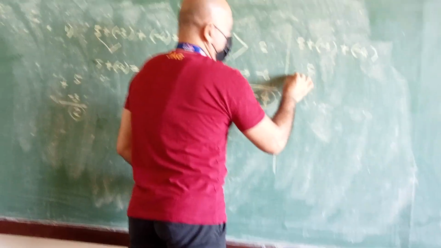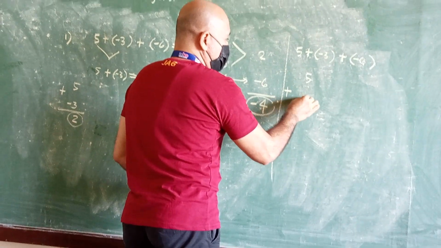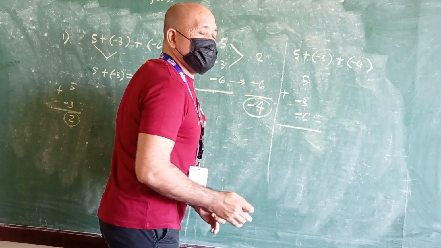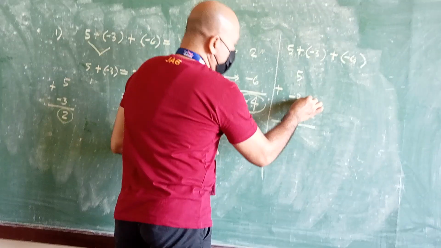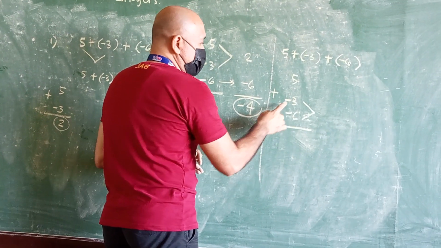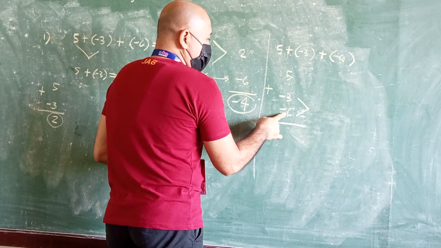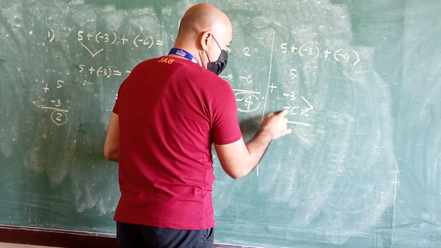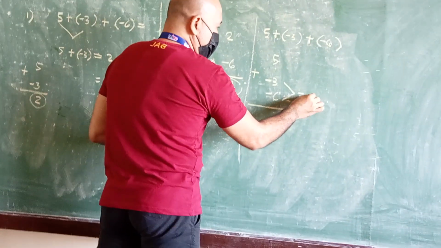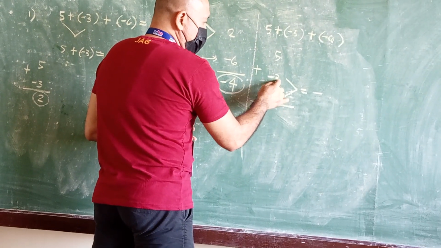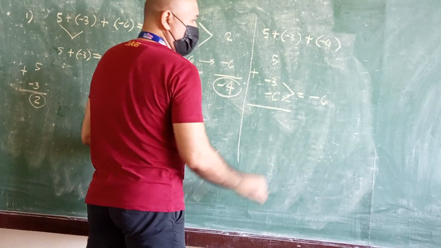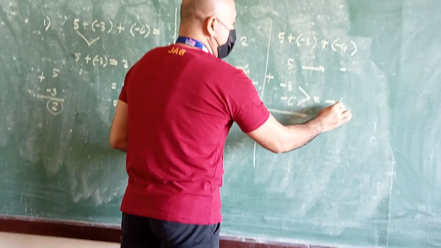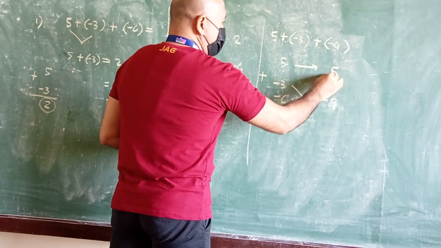If you choose to rewrite this one into vertical addition or arrangement, you can apply adding the same signs first. Simply, you can add first negative 3 and negative 6. Since signs are the same here, you just have to bring down the common sign and add directly the numbers, that is 9. And bring down 5.